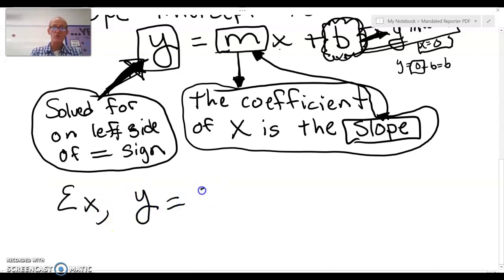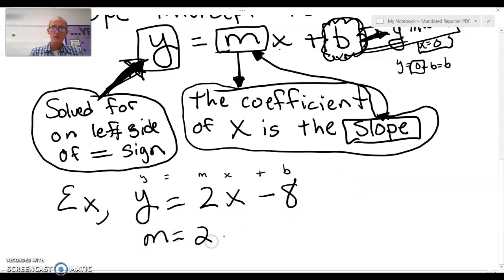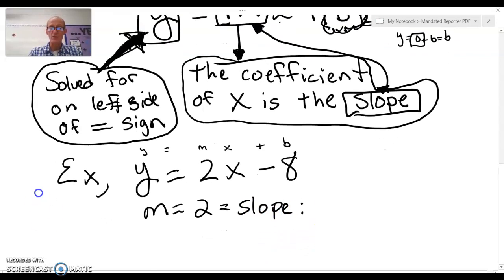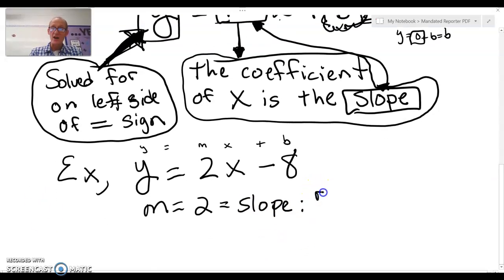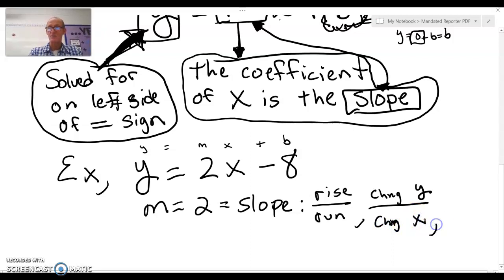Now, for example, y equals 2x minus 8. If I write y equals mx plus b real small above it and line it up, I can see that m equals 2. That's equal to the slope. If you remember what the slope was, it's rise over run, or the change y makes divided by the change x makes.